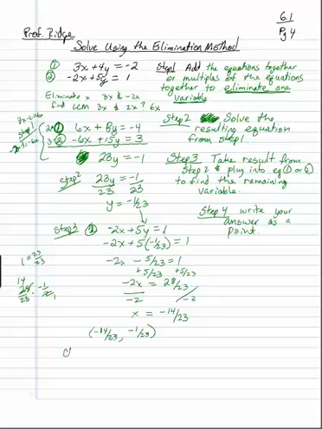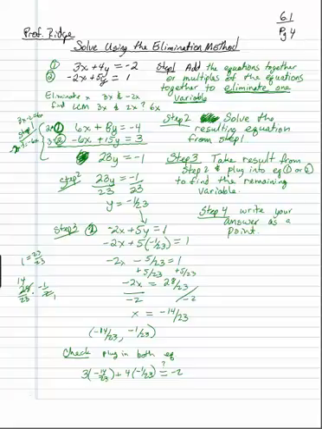Oh, and by the way, how do you check it? Well, you just plug it into both equations. And that's to make both equations true. So let's see, 3 times -14/23 plus 4 times -1/23. Does that equal -2?